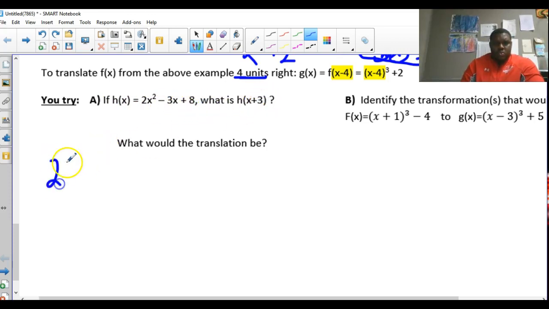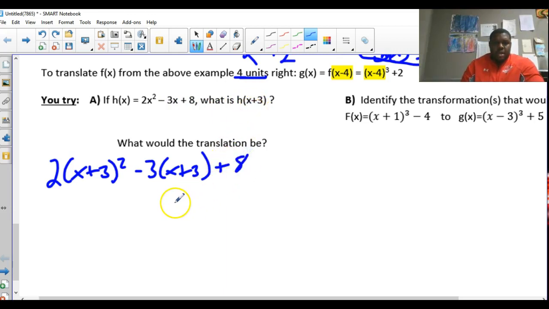So you have 2 times x plus 3 squared, and then we have minus 3 times x plus 3, right? Because again, x is now x plus 3, plus 8. Now, I know off first glance, man, you guys are like, oh, I can distribute the 2. No, you can't.